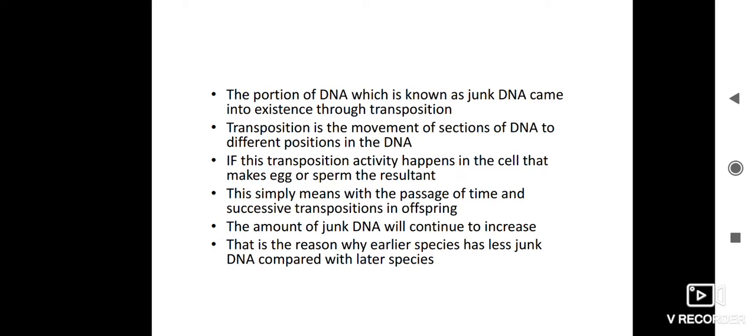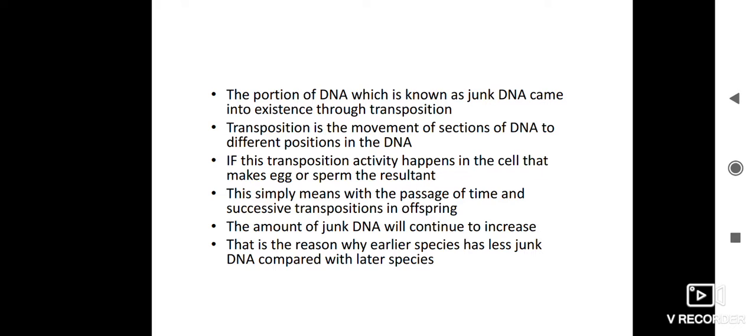The portion of DNA which is known as junk DNA comes into existence through transposition. Transposition is the movement of sections of DNA to different positions in the DNA. If this transposition activity happens in the cells that make egg or sperm, the result is passed on.